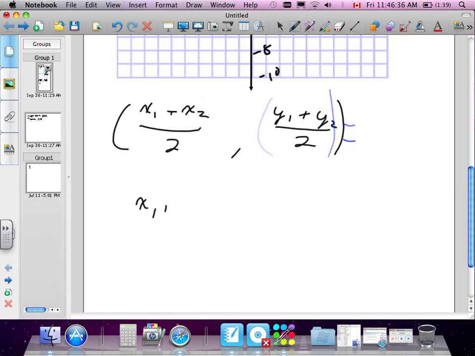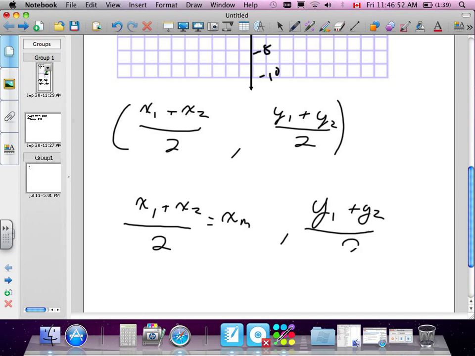x1 plus x2 divided by 2 is equal to our midpoint of x. So we're going to call it xm. That will be the midpoint. The other idea is our y1 plus y2 divided by 2 is equal to y midpoint. And we're going to plug in variables for these.